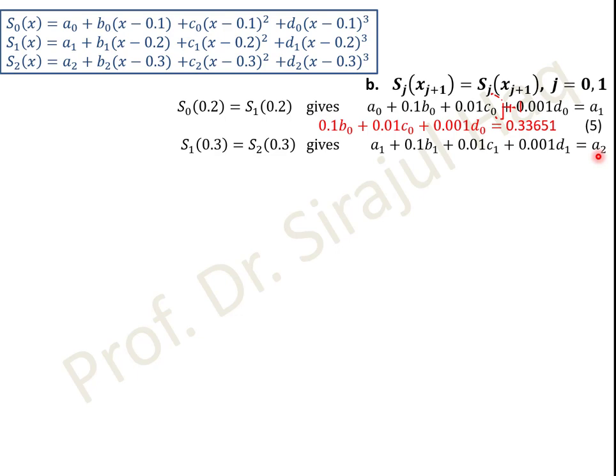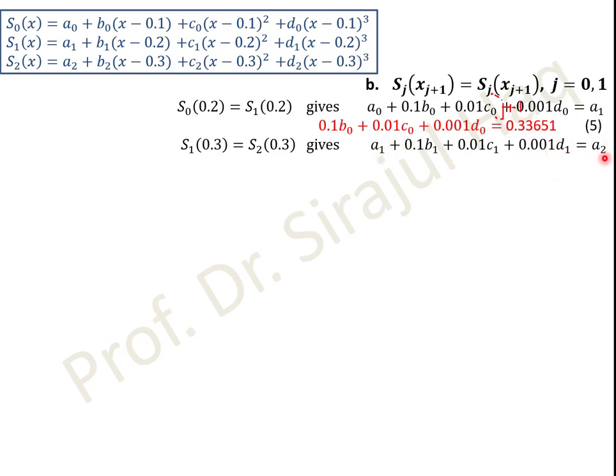And similarly, when you substitute x is equal to 0.3, this is A1, 0.3 minus 0.2 is 0.1 B1, this is 0.1 whole square C1, and this is 0.1 whole cube D1. So this is another equation which we got.